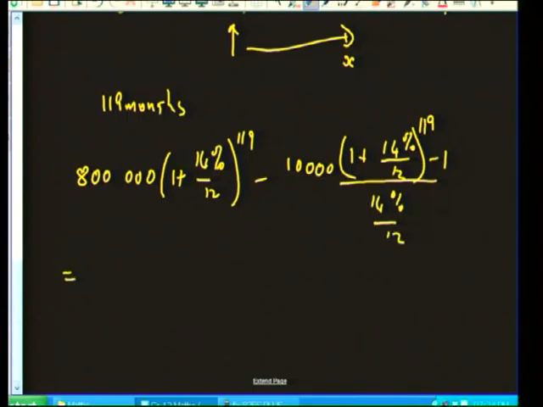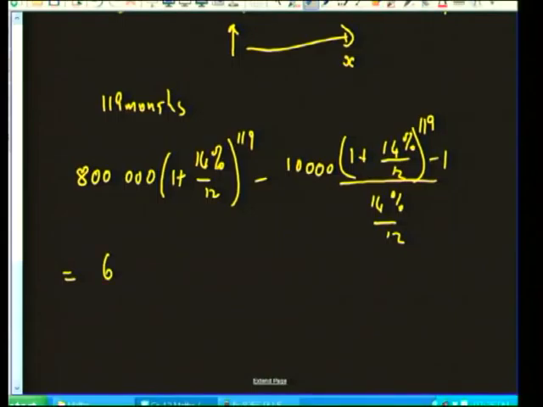Okay, we can pop that into our calculator, and I did this question a little while ago, so I know what the answer is. We're going to get 629,938 Rand and 11 cents.